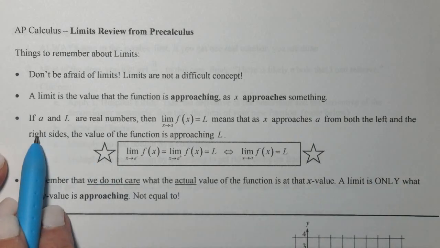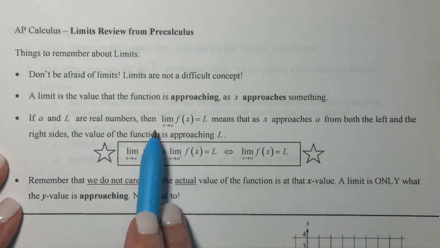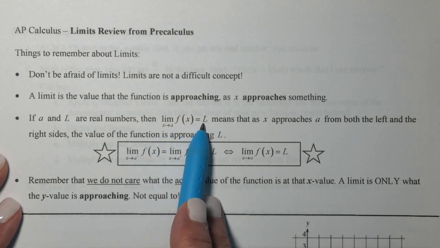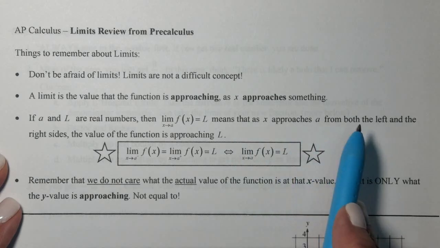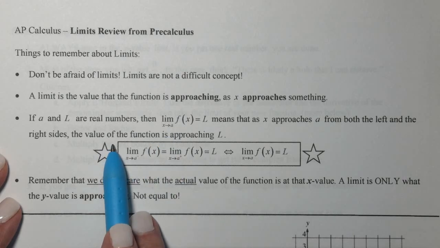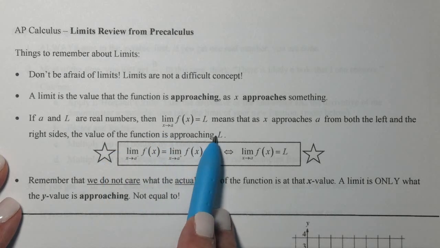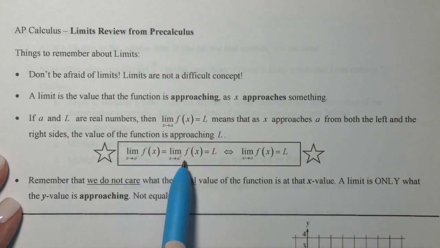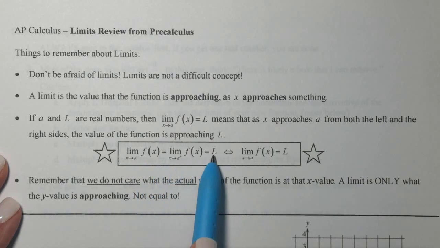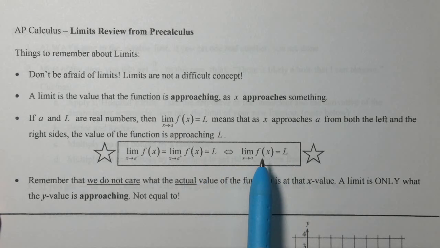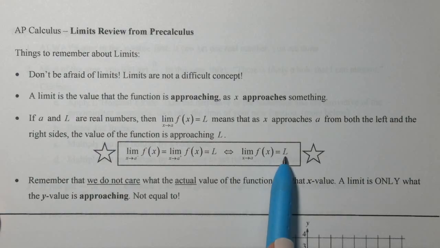If a and L are real numbers, when we say that the limit as x approaches a of f of x is equal to L, that means that as x approaches a from both the left and the right sides of a, the value of the function is approaching L. Y is getting close to L. So the limit from the left is equal to the limit from the right. They are both equal to a number, L. Then we can say that the overall limit is that number.